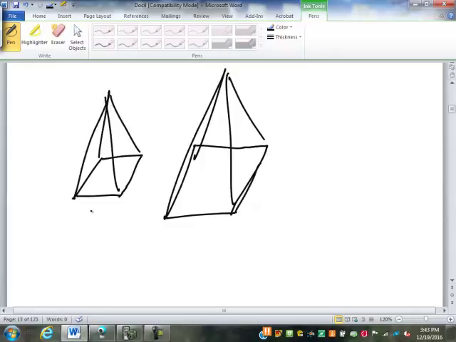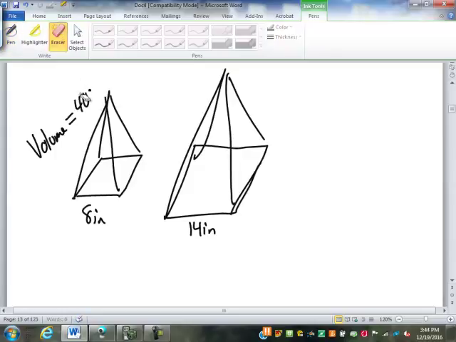Well, I take a pyramid, and let's say this pyramid has length of side here of 8 inches and the length of side here of 14 inches. And I tell you that the volume of this pyramid here is, oh, let's see here, let's say it's 490 inches cubed.